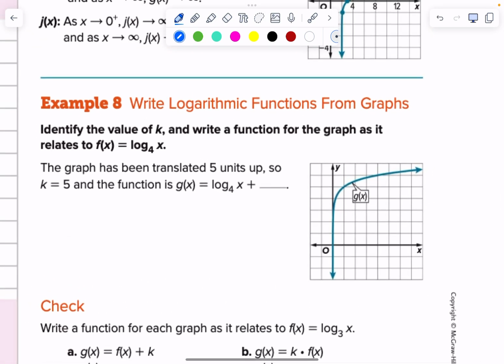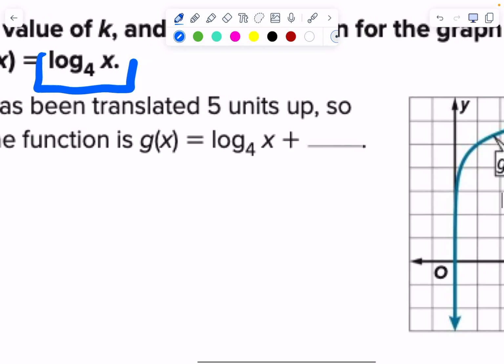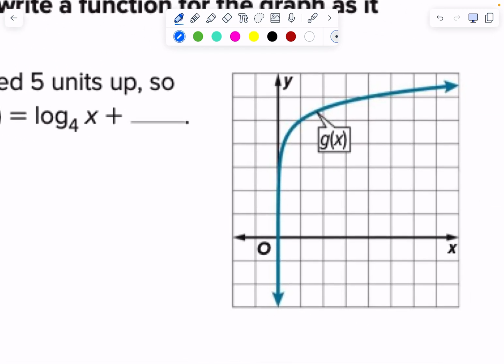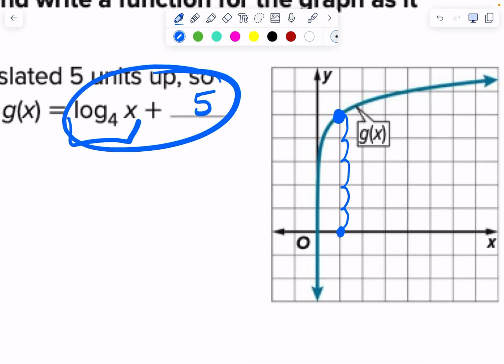They say log base 4 of x, what have we done to him? What's the dot that he should go through? He went left 1 and up 1. He only went up 5, 1, 2, 3, 4, 5. That's it, right? So my log base 4 of x plus 5, that's my new function, right?